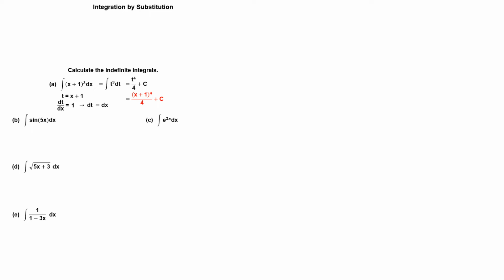Item B, we make the substitution t equals 5 times x, because we know the integral of the sine function. Item C, we replace 2 times x with t. And in item D, we replace 5 times x plus 3 with t. In item E, we replace 1 minus 3 times x with t.